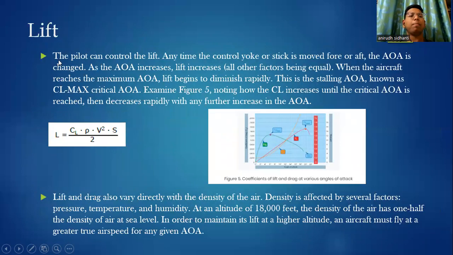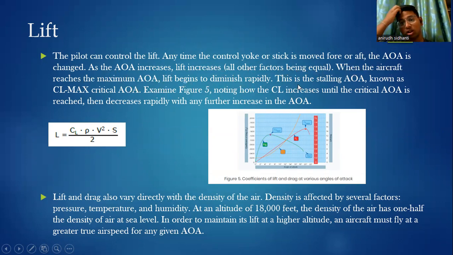Lift. The pilot can control the lift anytime the control yoke or stick is moved fore or aft, because the angle of attack is changed. As the angle of attack increases, lift increases, all other factors being equal. When the aircraft reaches the maximum angle of attack, lift begins to diminish rapidly.